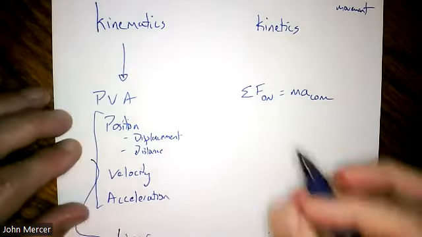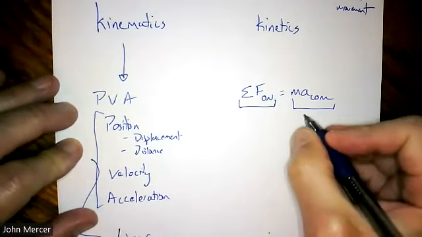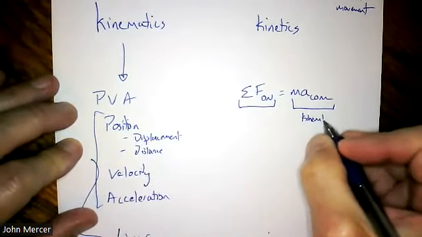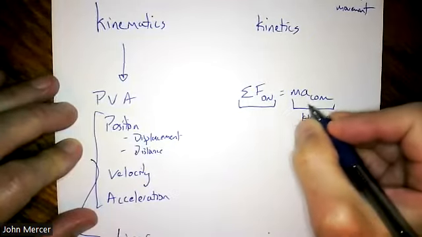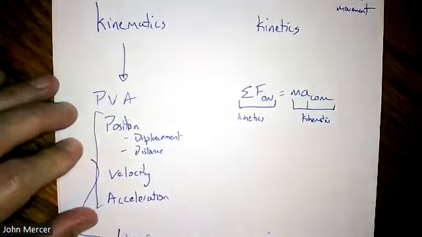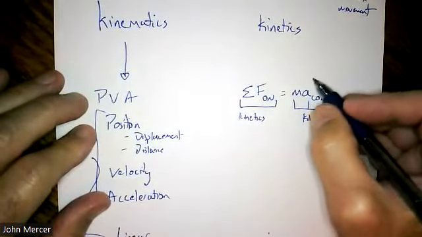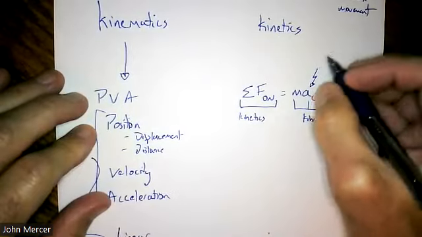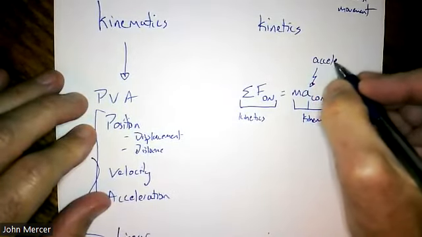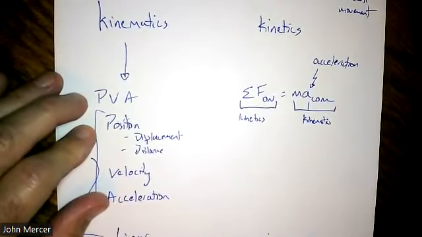So what we really have is kinetics and kinematics. And the a in ma is really acceleration. So I like to spend a lot of time working on understanding acceleration, because if we can understand acceleration, we can understand the forces causing that acceleration.